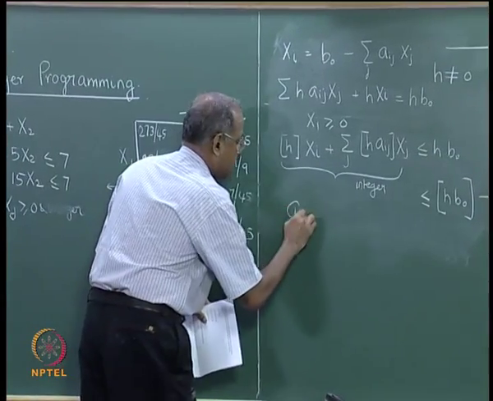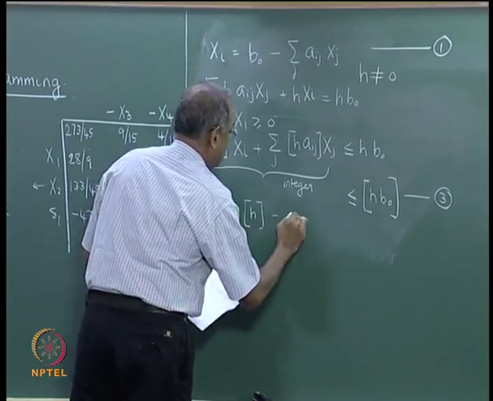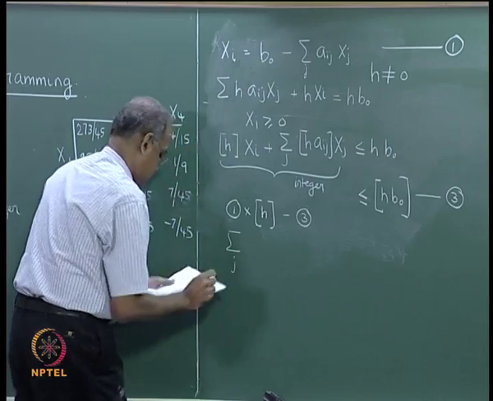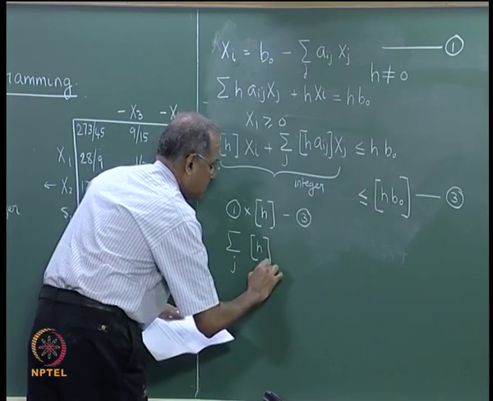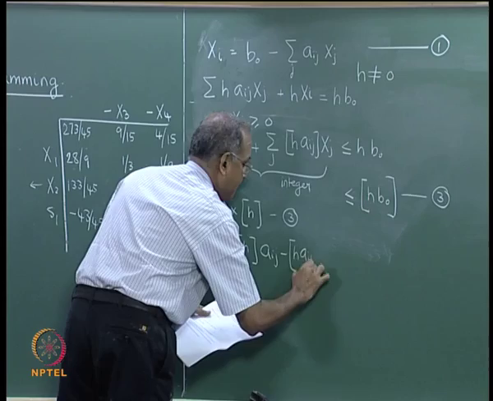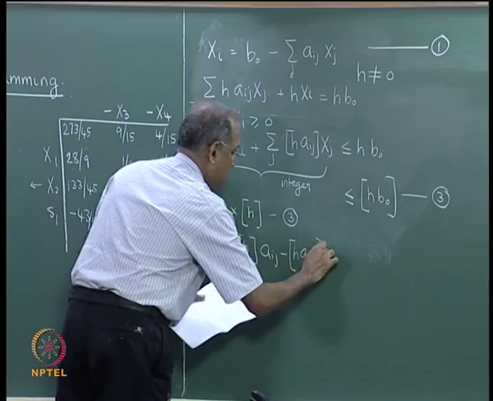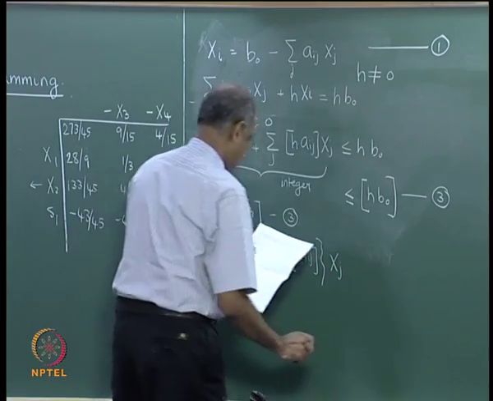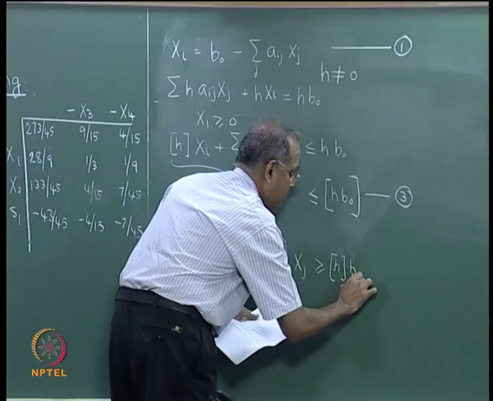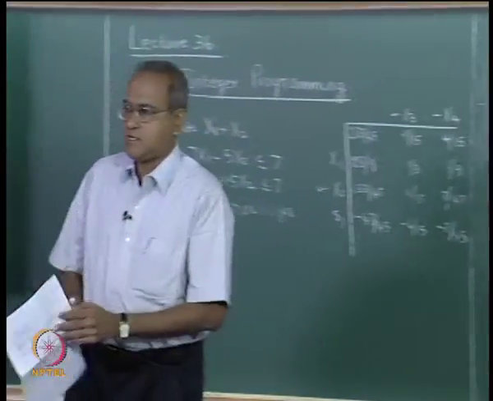So equation 1 into lower integer value of h minus equation 3 would give us sigma. So let us see how we get this expression.